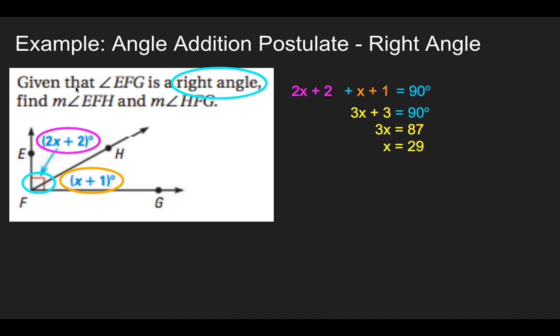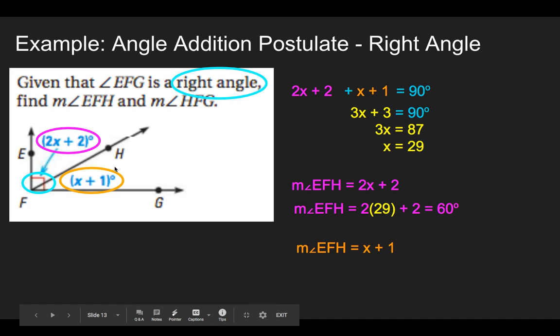Now I do the easy part where I solve for EFH, right? We know EFH is 2x plus 2. And we know x is 29. So we're just going to have 2 times 29 plus 2, which is going to be 60. Similarly, we'll solve for, and I said EFH again, but this should be HFG.